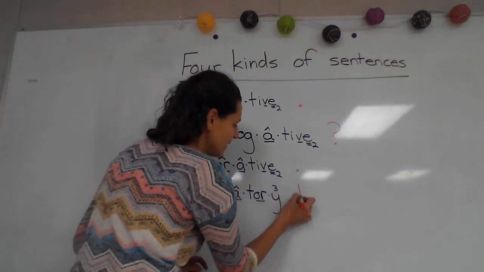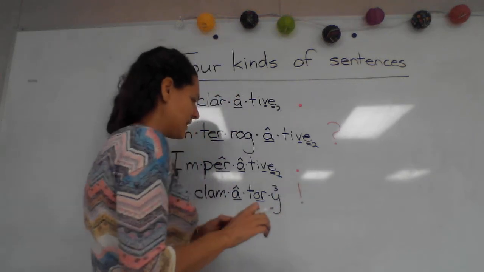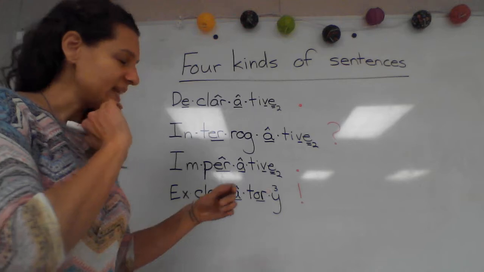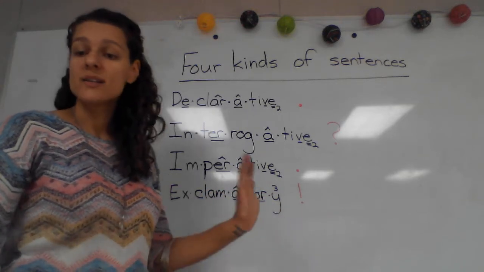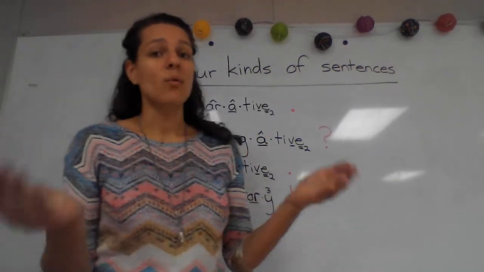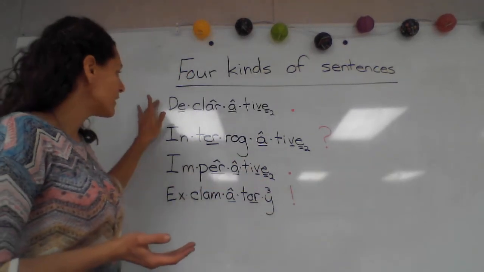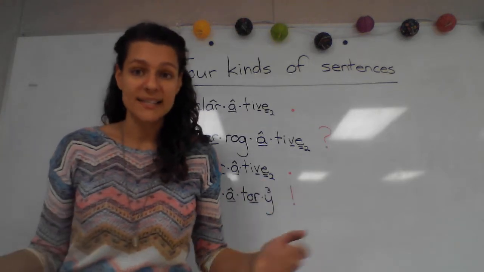It's a little line above the period. So this will go all the way up to the baseline. All right, so anytime we see that at the end of a sentence, we know that we're expressing strong emotion. And in fact, the same words could be either a declarative or an exclamatory sentence, depending on how they're said.